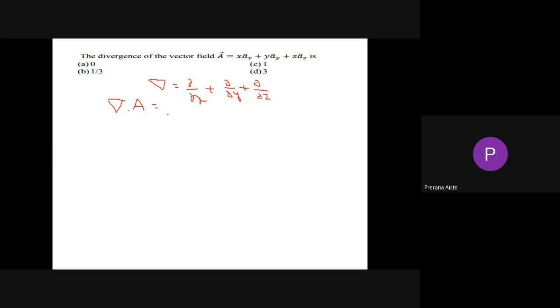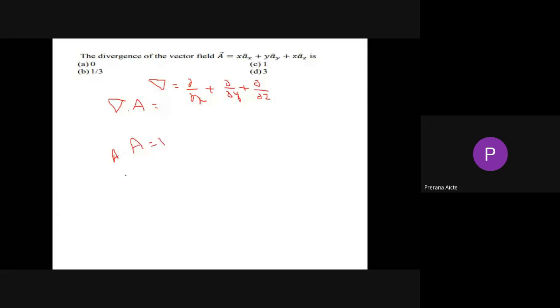Now, while applying del dot A, then x into A of x will come as 1, because A dot A is equal to B dot B plus C dot C is equal to 1. According to the properties of the dot product, A dot A is equal to 1.